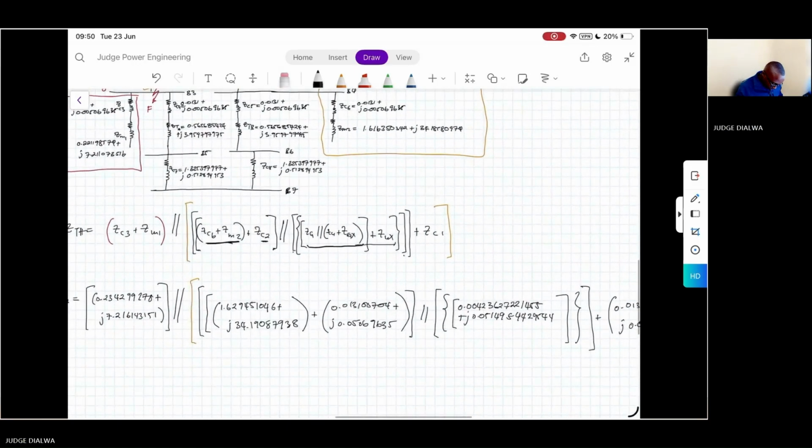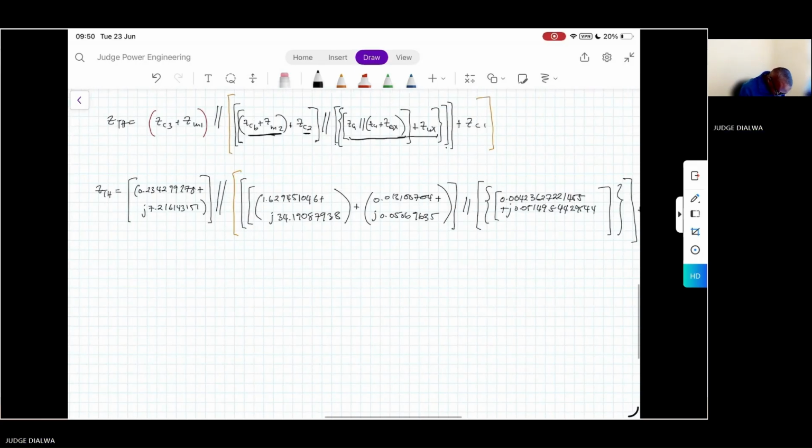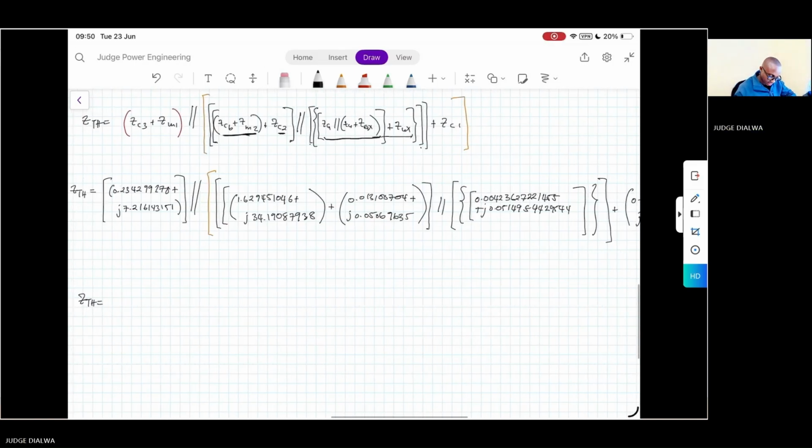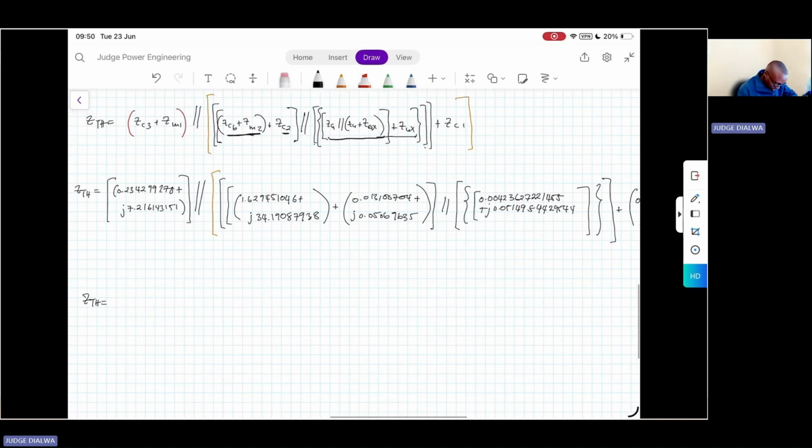So when you compute that, everything between the orange square brackets should equate to, so we still have a series combination of cable 3 and motor 1.